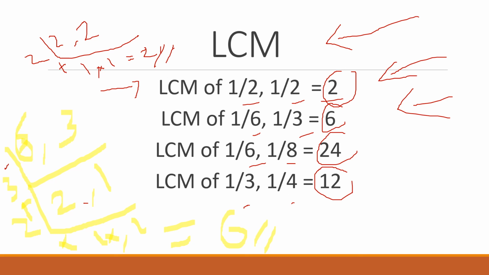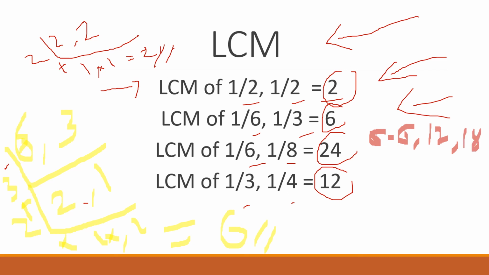What is the meaning of lowest common multiple? Just for information, may I share that also. You take the 6 and its multiples: 1 into 6 is 6, another multiple is 12, another is 18, and so on.